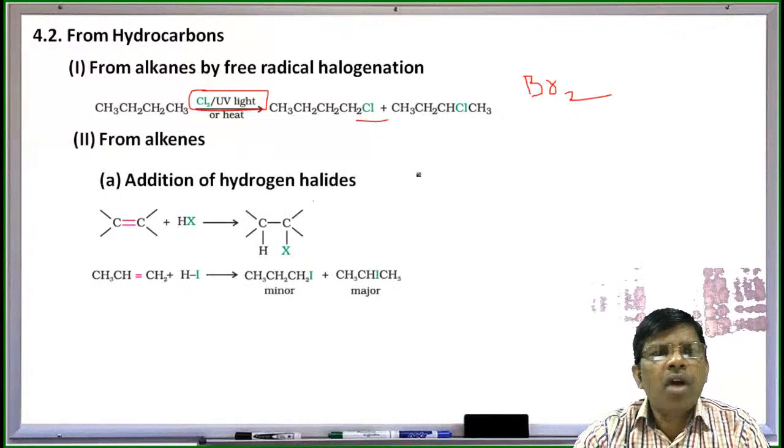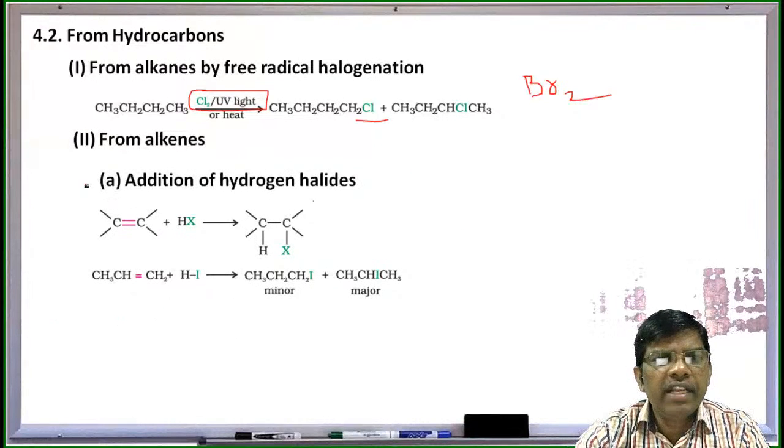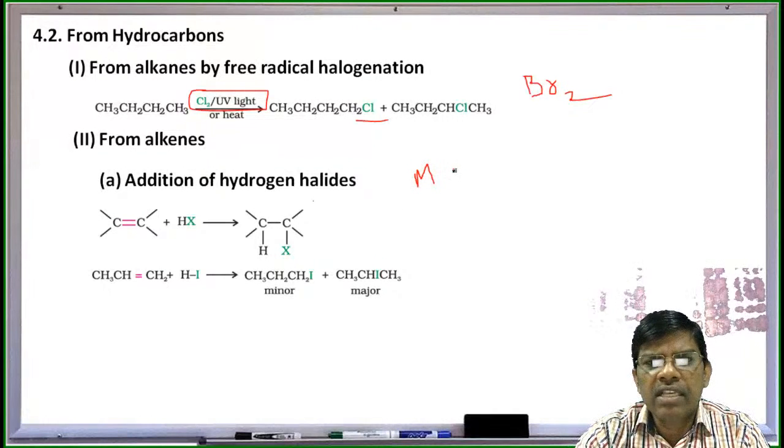From alkenes, it is a common method where you will get Markovnikov's product. This concept is very, very important.